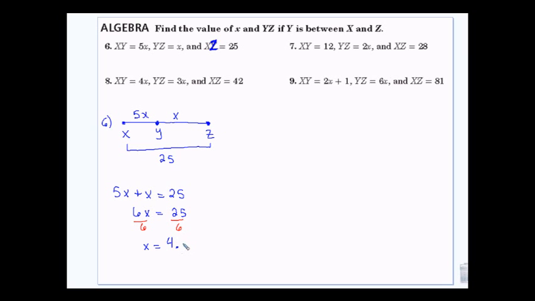Okay, it's going to be 4.16 repeating, so I'm just going to say 4.17 because the 6's keep repeating forever. So x is going to be 4.17. YZ is equal to x, so that also equals 4.17.